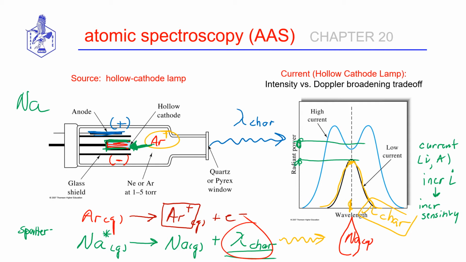If I operate the lamp at too high a current, we get this kind of pattern, where now I get emissions at different wavelengths that are not my characteristic wavelength, and that can cause some problems. So it's a trade-off that you have to play around with, the operational current of your hollow cathode lamp.